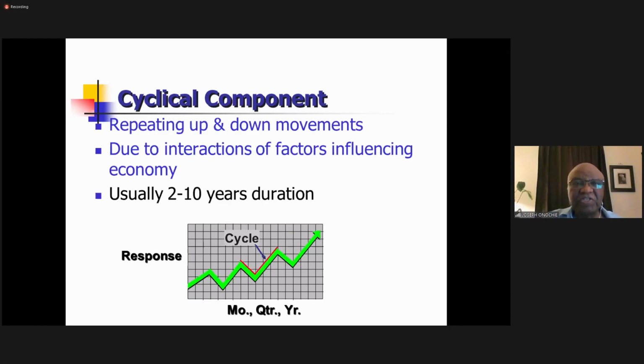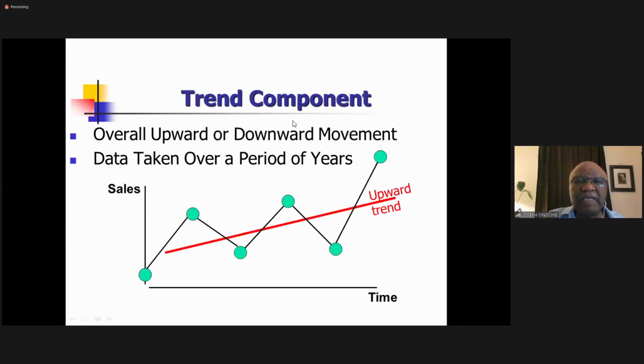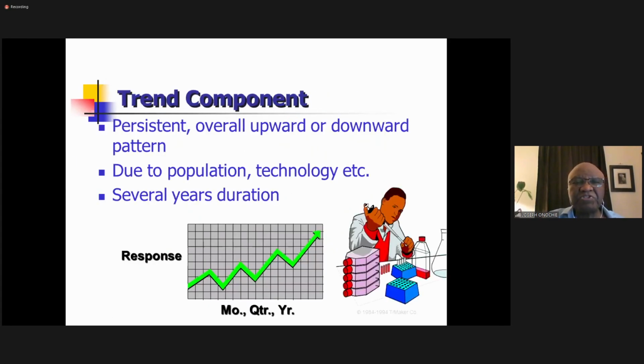But on average, this cycle is a repeating up and down movement. Look, unlike the trend, it is not repeating. The trend is persistent, overall upward, or overall downward. It's persistent, either going up or going down.